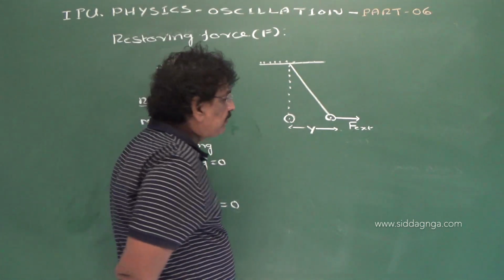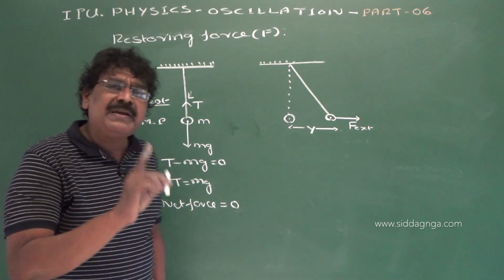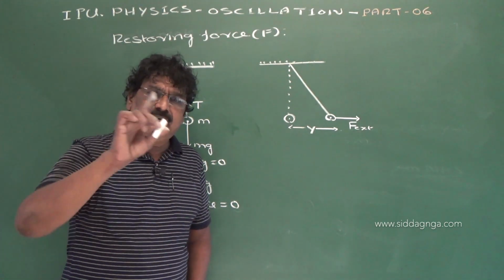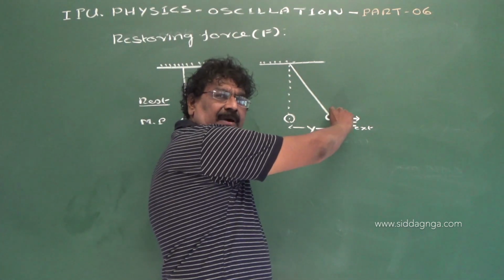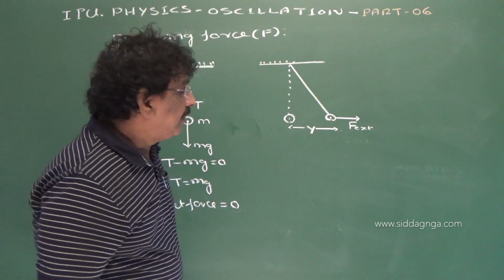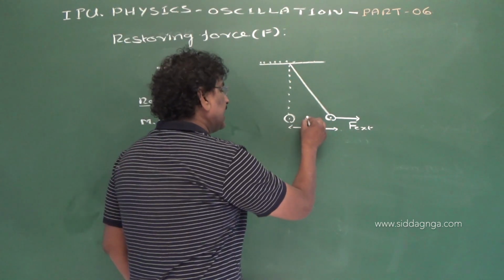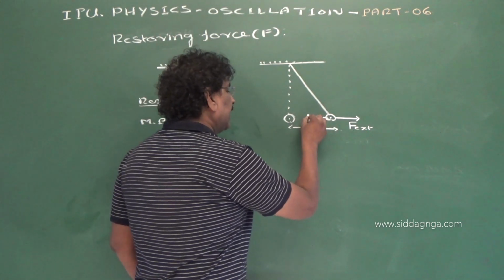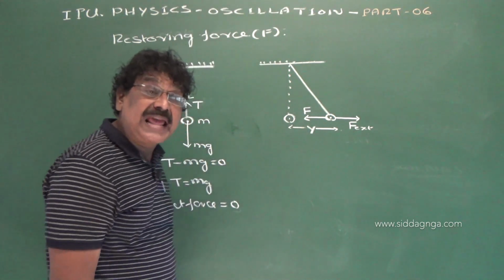Now here we know that the bob is at rest and a force is acting on it. When I hold it, I am applying the force. That means whenever a force is applied to change its position, a force F comes into play.